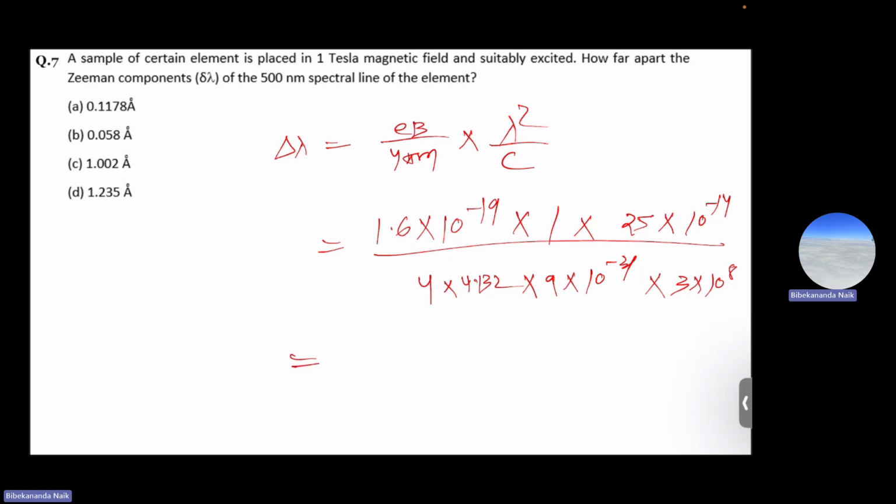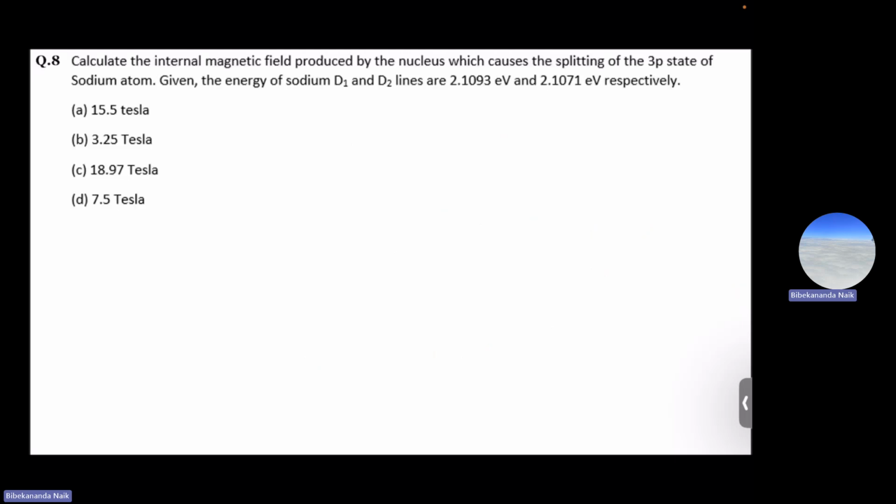So if we calculate it, it will come out to be 0.1178 Angstrom. So the correct option will be option A, 0.1178 Angstrom.